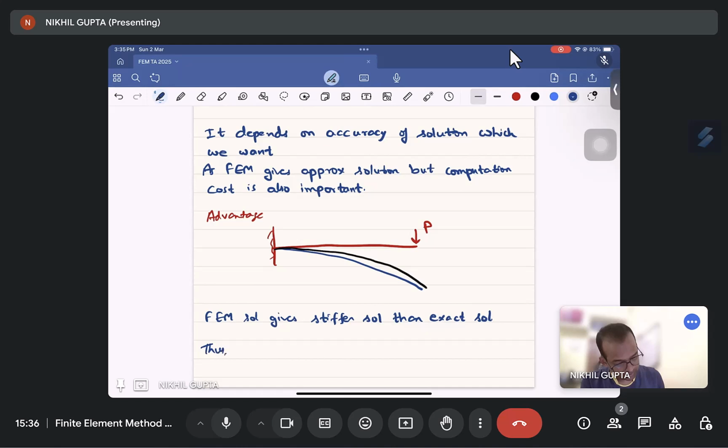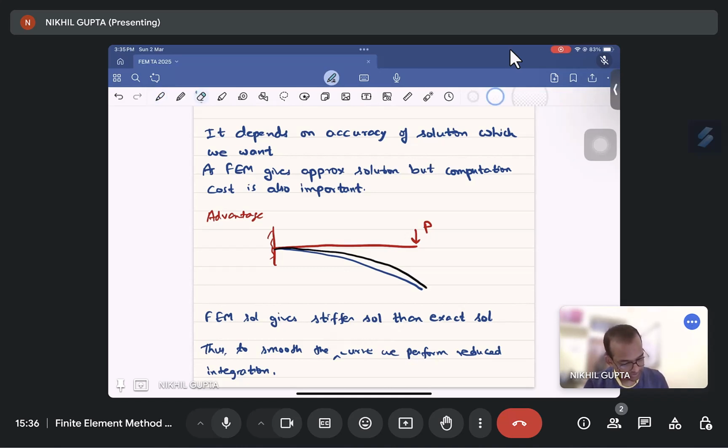Thus, to smooth the curve or the deformation curve, we perform reduced integration, so that the deflection is, not deflection, it will be deflection here, not the deformation, or from the reduced integration.